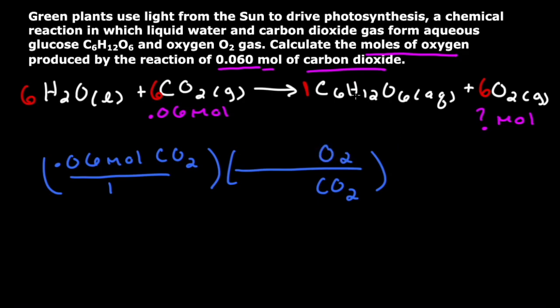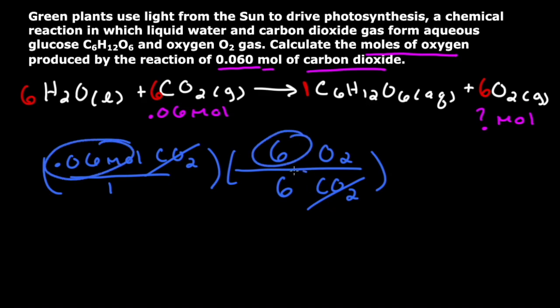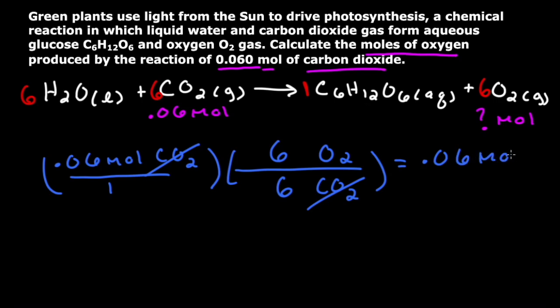From the reaction, it tells me that for every 6 of these CO2s that I use up, I'm going to produce 6 of these oxygens. So the CO2 here can cancel with the CO2 here. Then I take this times 6 divided by 6. Well, 6 over 6 is 1, so that basically goes away. So what I'll have here is 0.06, and now the units will be moles of O2, not CO2 anymore. And so this right here will be the answer to the question.